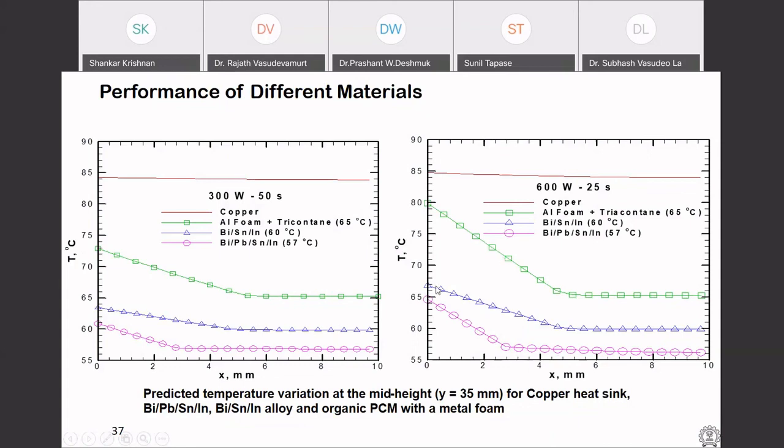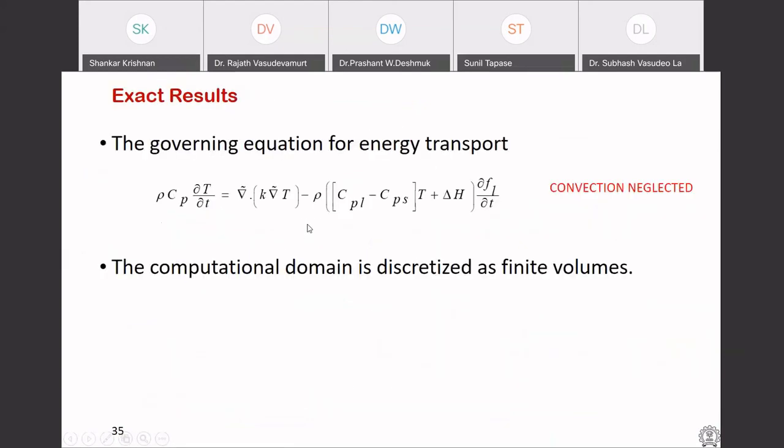Similarly, we looked at the leadless alloy, that is the blue line, and the green one is the phase change material with aluminum foam. Without the aluminum foam, the organic phase change material, tricontane, shot up to 300, 400 degrees. That's why I haven't plotted it here. Without thermal conductivity improvement, its thermal conductivity is so poor.